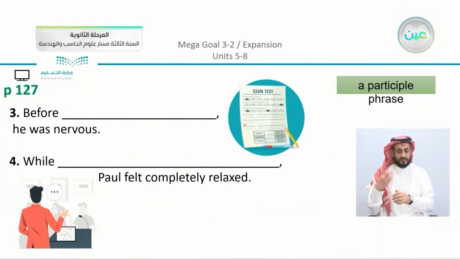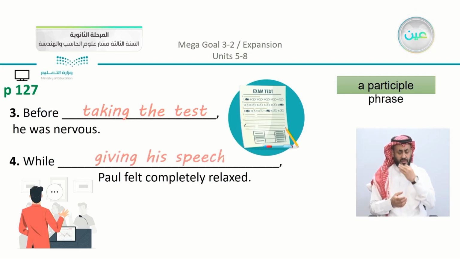Number 3, before blank, he was nervous. Now there is a hint for you in the picture here. We can say before taking the test, he was nervous, and while blank, Paul felt completely relaxed. So also I gave you a hint here. For example, we can say while giving his speech, he felt relaxed.